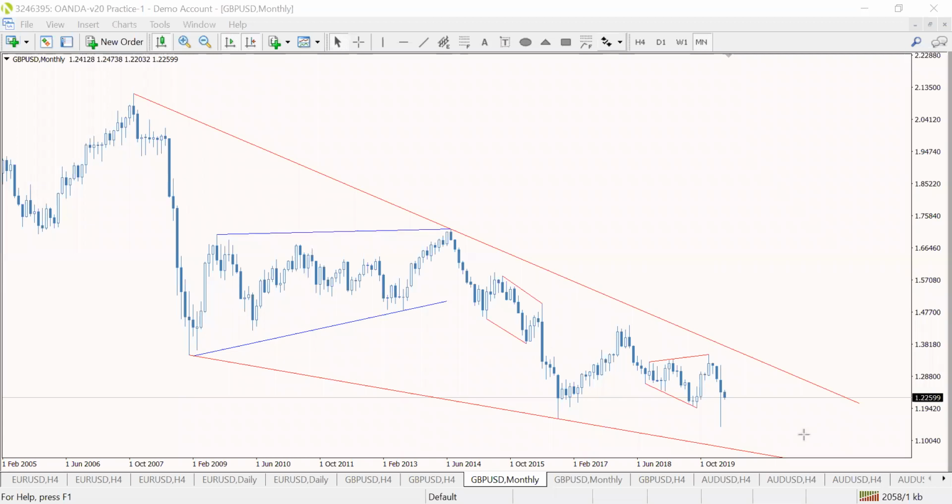I'm expecting this market to come test this trend line down here, then move up. This is what I'm expecting on the higher time frame.